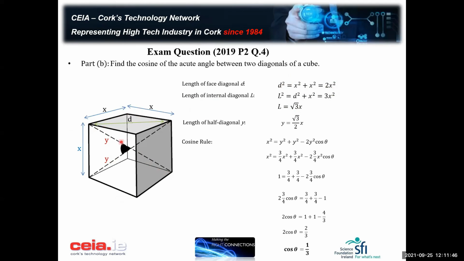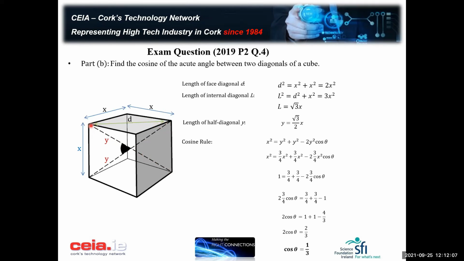And then we apply Pythagoras to this triangle here that has the internal diagonal in it. It has this other edge length x, and the third side of the triangle is d. So apply Pythagoras to that.